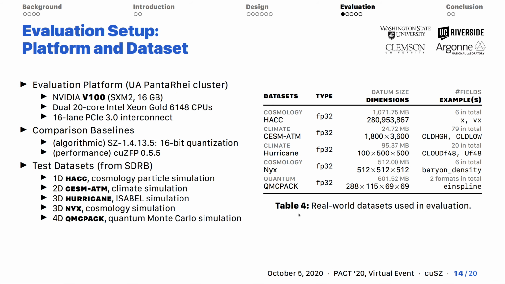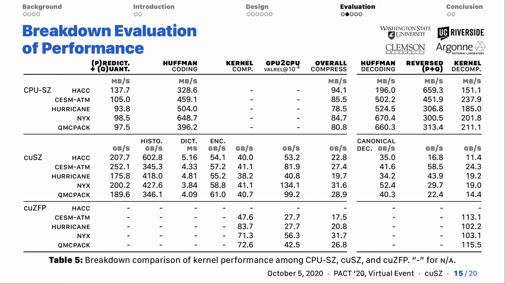So the evaluation is set up this way. It's on NVIDIA V100, and the comparison baselines are SZ 1.4 and cuZFP. And we use real-world datasets from the HPC domain. So, the performance. If we look into the third column, prediction and quantization, with fully parallelized dual-quantization, we can achieve over 200 gigabytes per second.